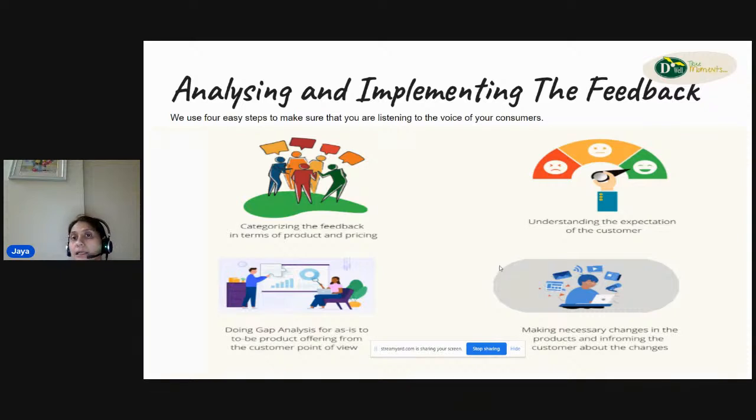Second, we try to understand what the customer needs from your product. Third, we do a gap analysis, where we look at what product you are offering, what the best deals you're offering are, and what more you can improvise in it. And after doing all these 3 steps, we can improvise it and give it to the consumer.